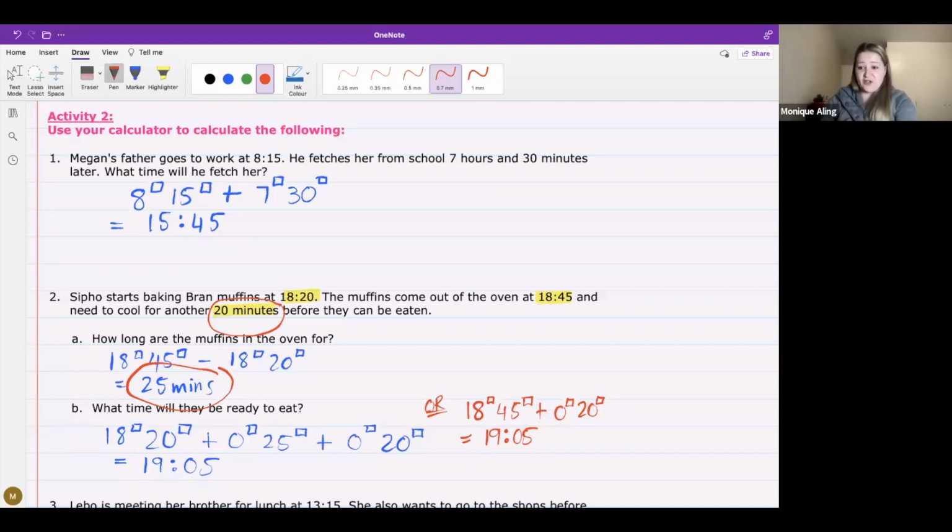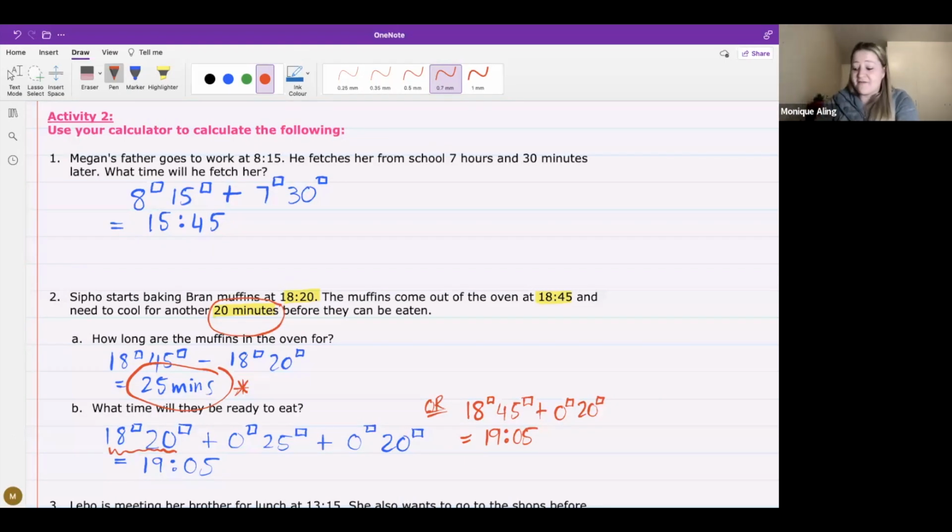So there are two ways you could do it. So Ben started from the very beginning. We take the start time of 18:20. Then we add the 25 minutes because we know that they were in the oven for 25 minutes. So again, remember, we always got to keep it in the same format. It's always hours first, then minutes, if we're going to use our calculator.